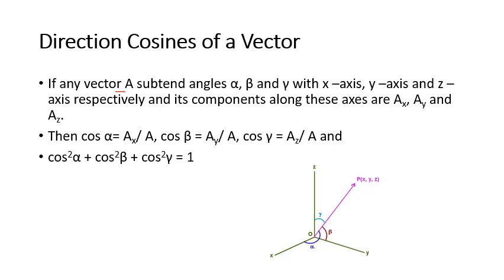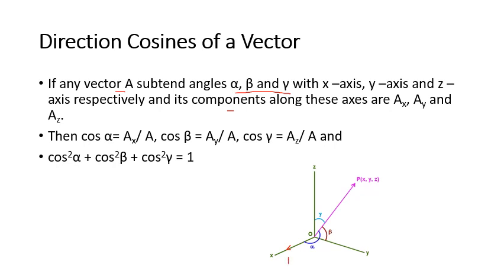And look here. If any vector A subtends angles alpha, beta and gamma with x-axis, y-axis and z-axis respectively, and its components, what are all the components? Ax, Ay and Az, isn't it? So all three components are along x-axis, y-axis and z-axis. Look at the diagram.